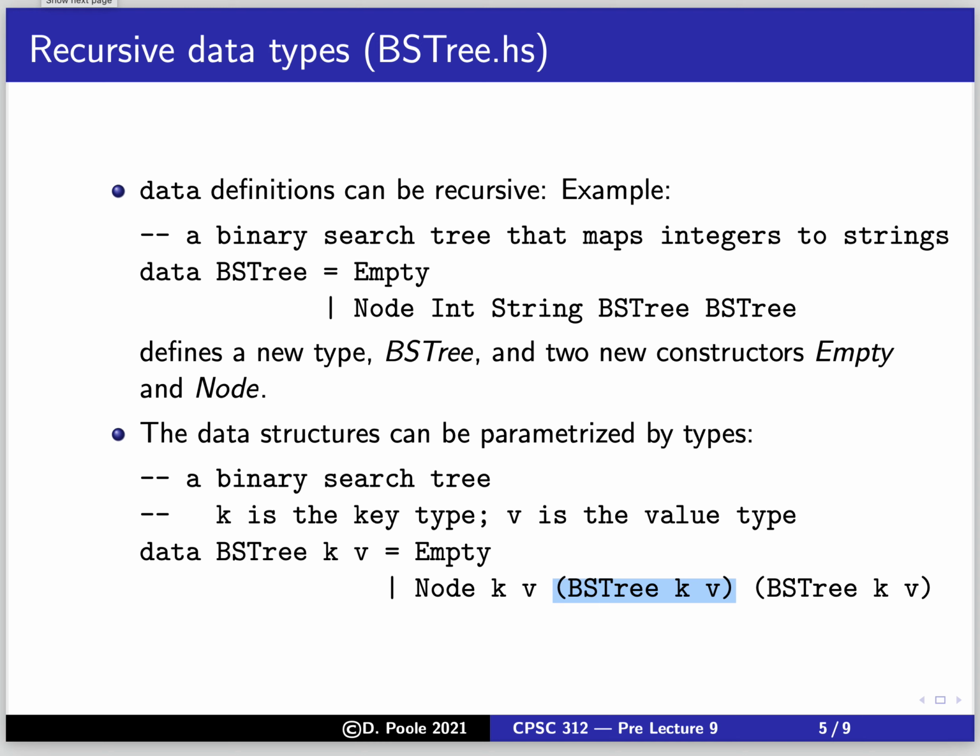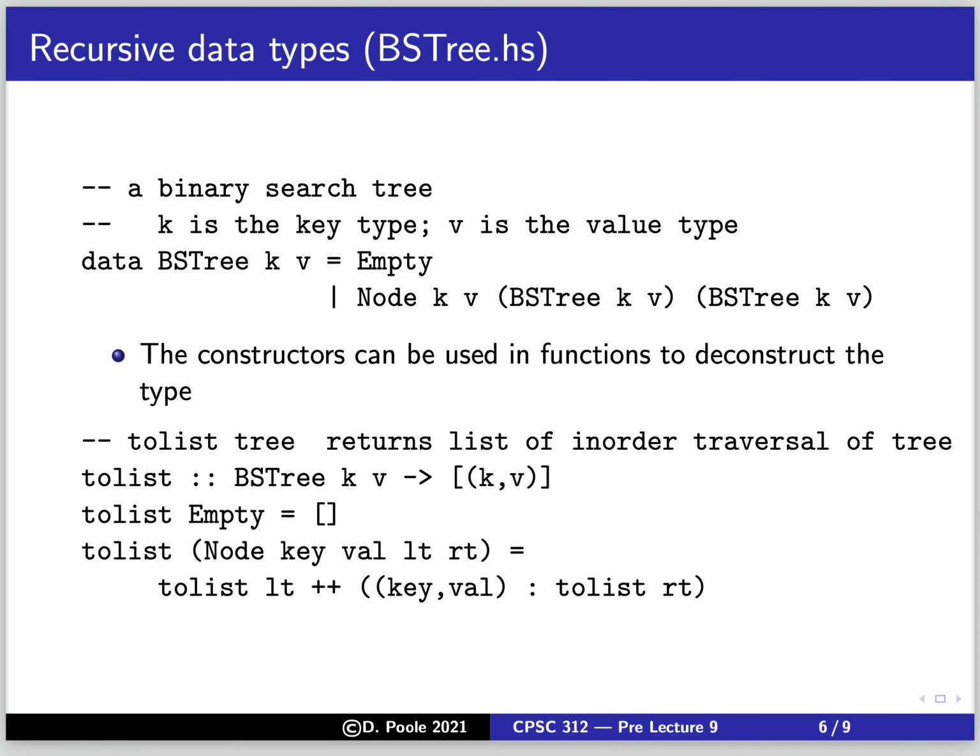It's a parameterized type, and we can instantiate it by giving k and v particular values. So in the one above here, k would be int, and v would be string.